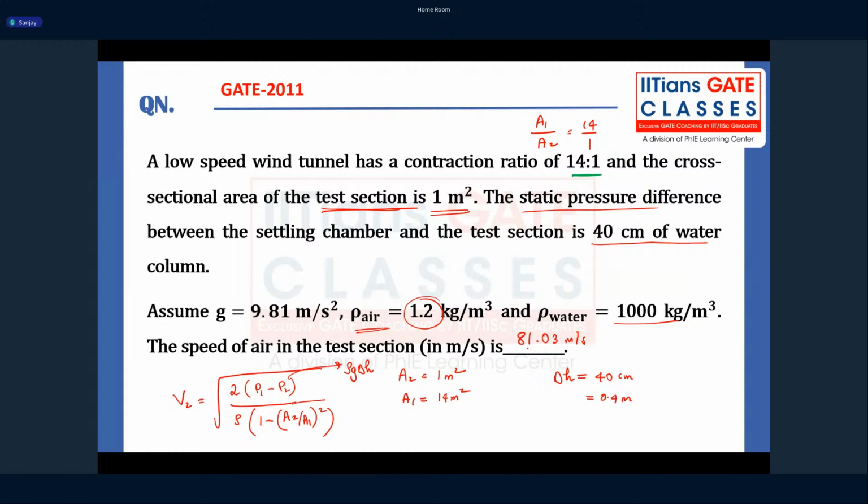So this is a numerical answer type question where you are supposed to type the value. They will tell you whether to type it correct to 1 decimal place or 2 decimal places, or write an integer, and you can appropriately type. Okay. So I hope this was clear to you guys.